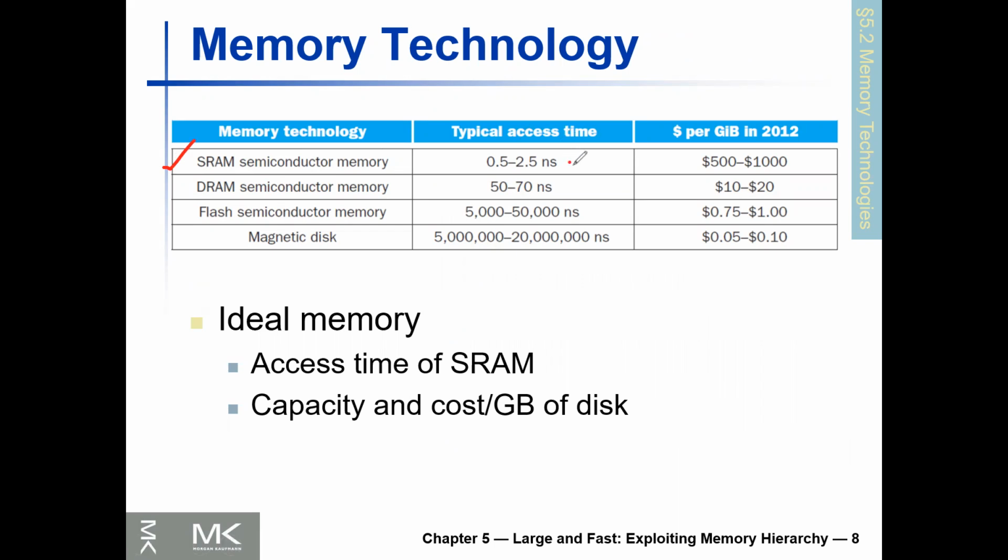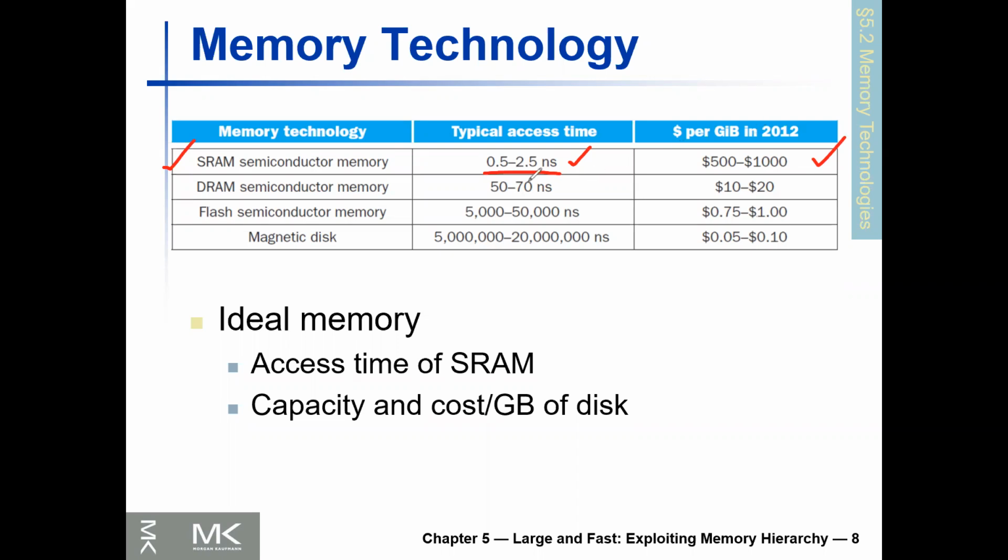If you look at the typical access time of the cache, you will be shocked: 0.5 to 2.5 nanoseconds. This is the response time to read and write data from the cache. On the other hand, if you look at the price, it is $500 to $10,000 per GB. So expensive.